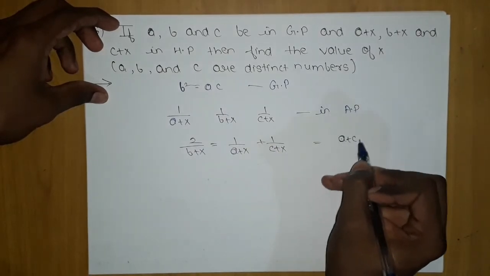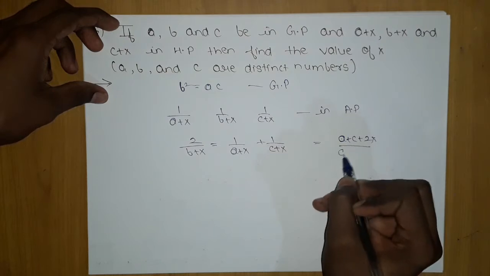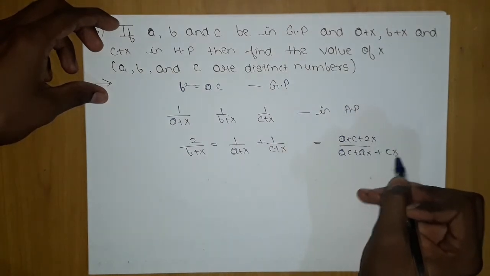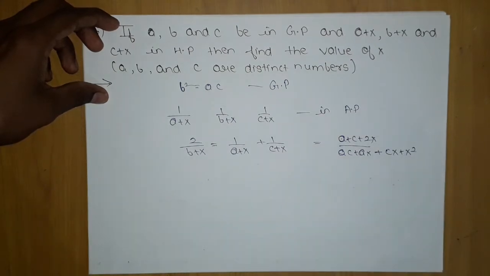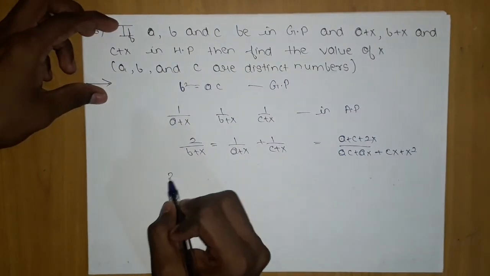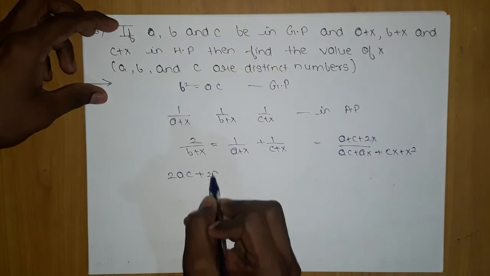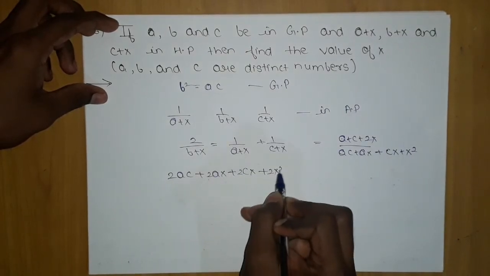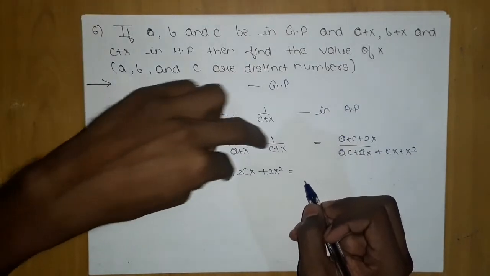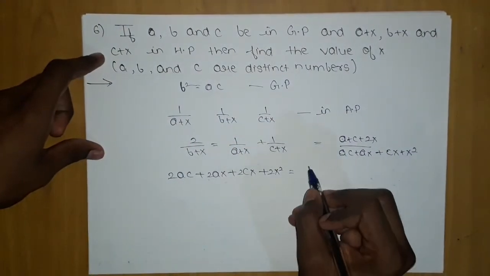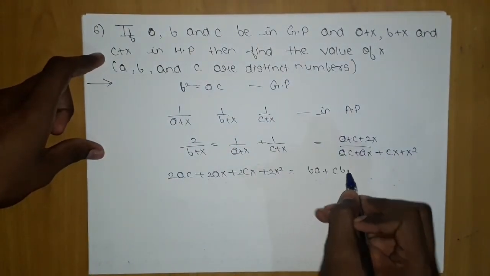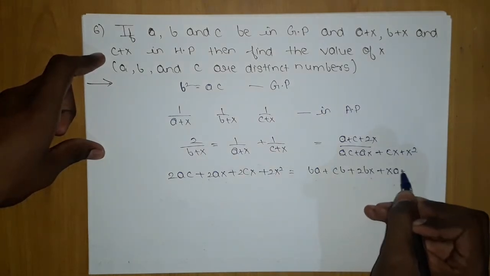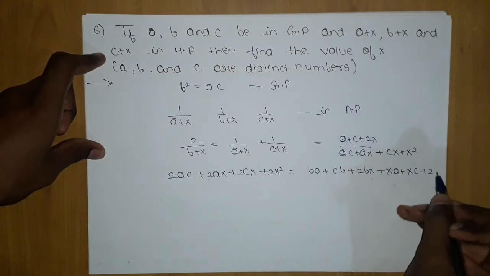What we have, a plus c plus 2x is nothing but ac plus ax plus cx plus x square. Okay, so we are done with this thing. Further on, if I move that side, ac plus 2ax plus 2cx plus 2x square is nothing but, if I multiply this with this, what I have is ba plus cb plus 2bx plus xa plus xc plus 2x square.